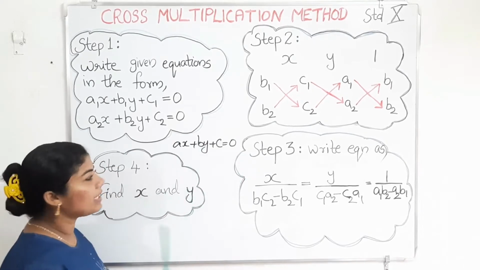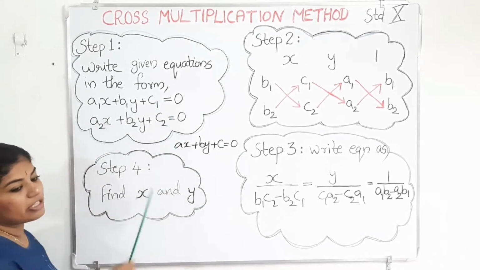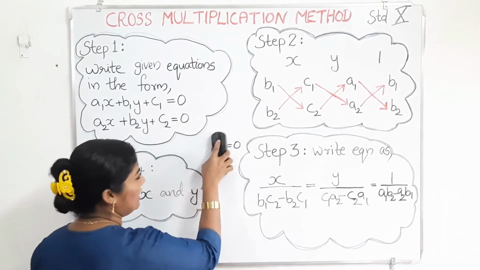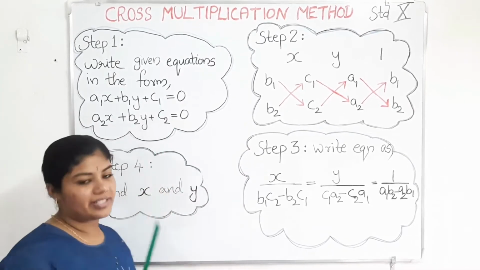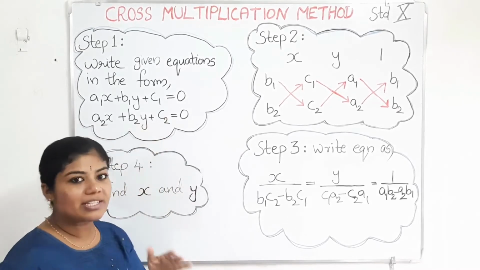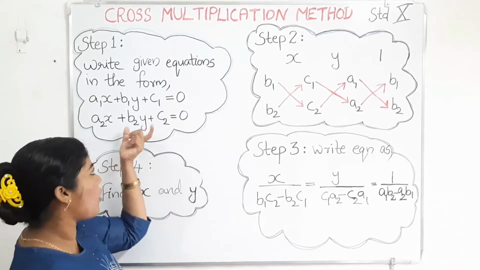In the general form we added the suffixes 1 and 2, and then we got this. If the equations are given, this step is easy; in some questions they are given directly, so you can directly write step 1. Otherwise, only in word problems do you have to form them.